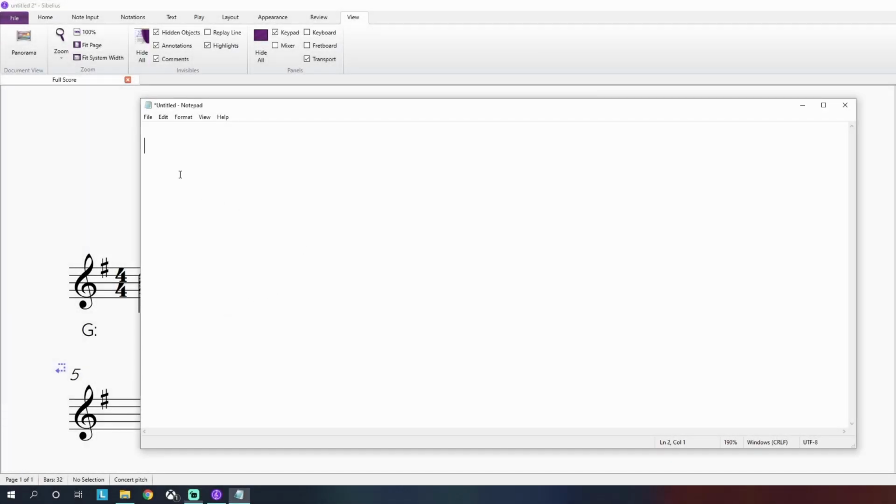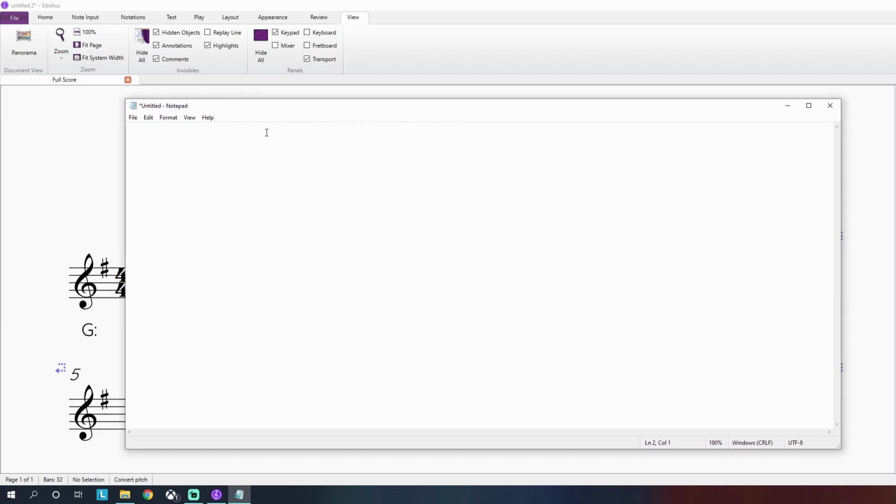Okay, so for this next section, I'm going to make use of my trusty Windows notepad over here. And we're going to discuss the rules for doubling in our secondary chords. Now, you may ask yourself, why am I discussing this?